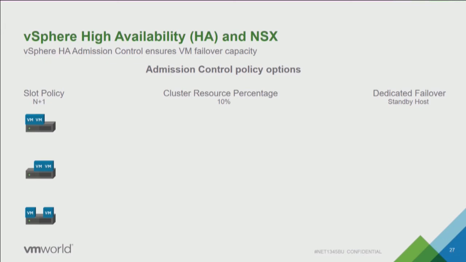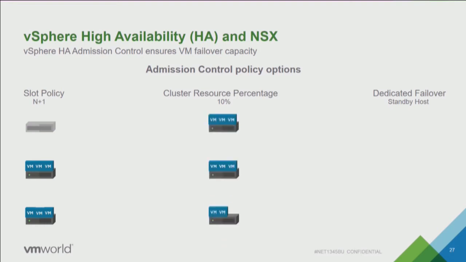We do calculations based on those slots of how many virtual machines you can have running on a host at any given time to still satisfy a failover. This is an example of what the slot policy looks like in the event of a failure. We'll migrate those virtual machines, re-register them on new hosts, and restart them.